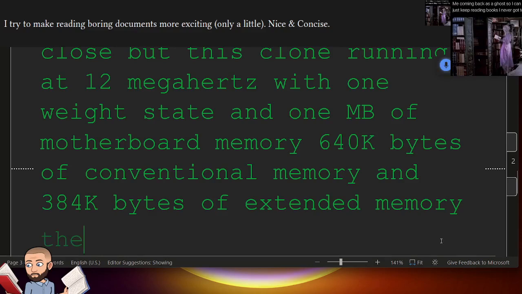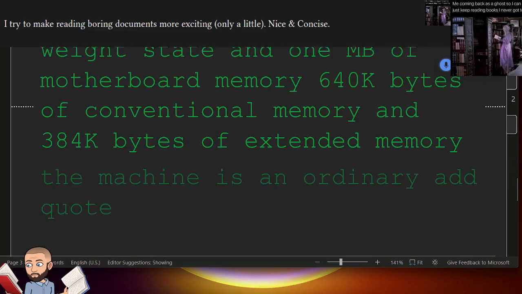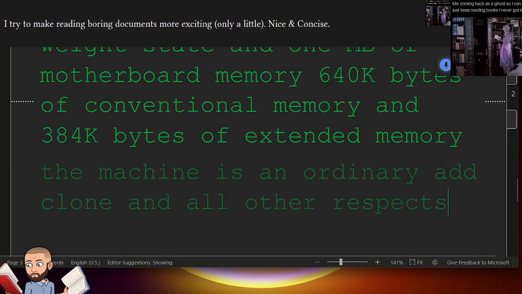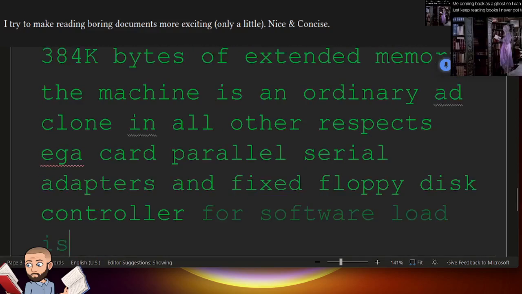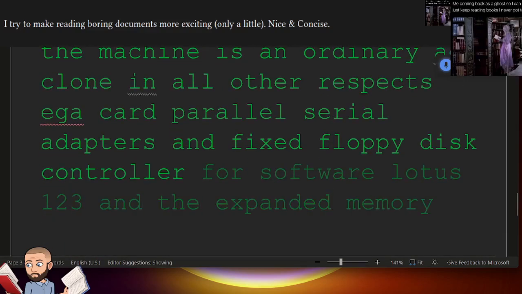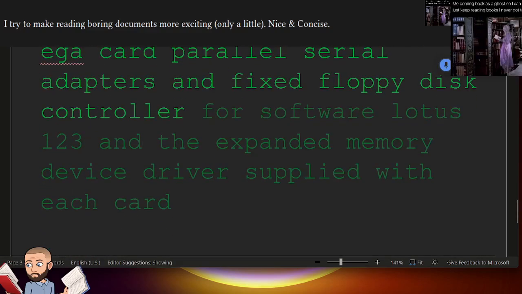The machine is an ordinary AT clone in all other respects, with an EGA card, parallel and serial adapters, and a fixed and floppy disk controller. For software, Lotus 123 and the expanded memory device drivers supplied with each card were used for the boards supporting expanded memory.